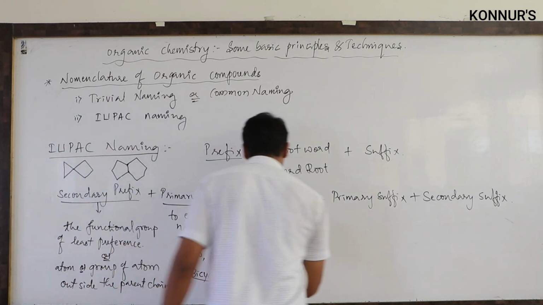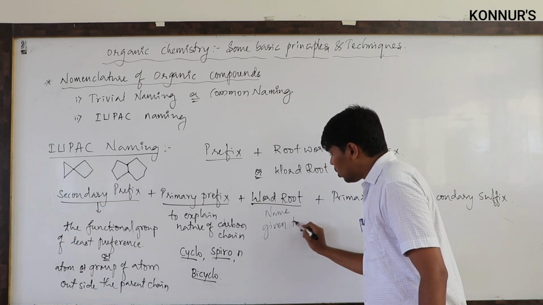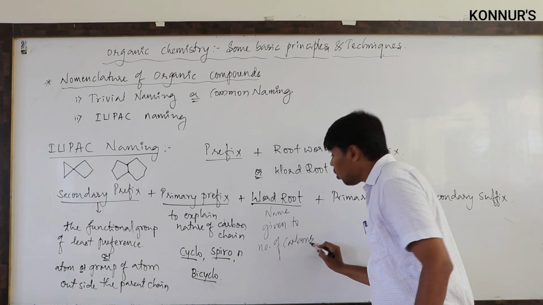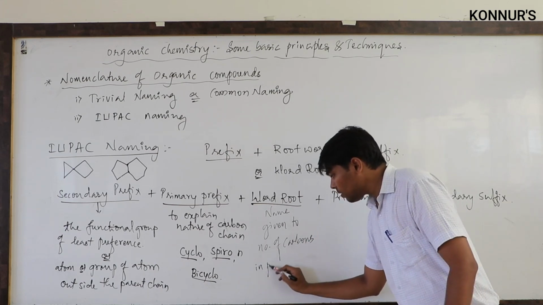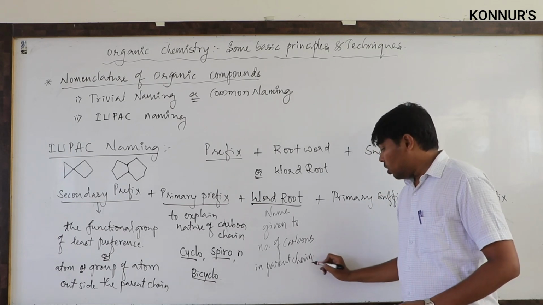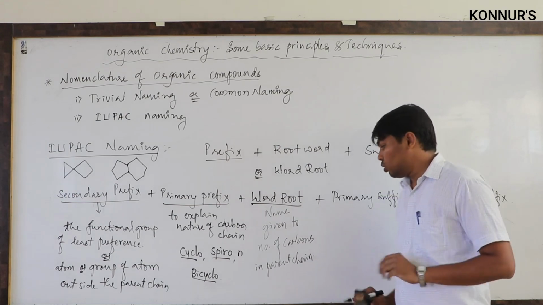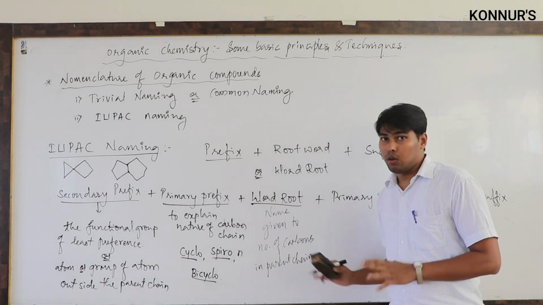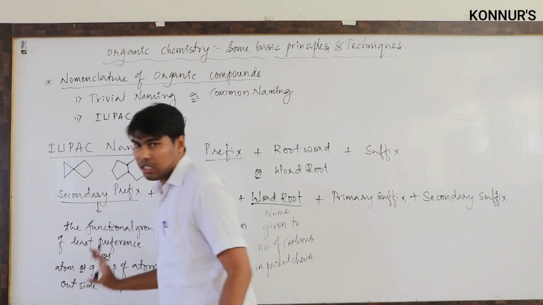Root word is a name given to the number of carbons, not all carbons, only those carbons in the parent chain. In order to name an organic compound, we should choose the parent chain first. So the number of carbons lying in the parent chain will come under the word root. All others will come under the prefix.